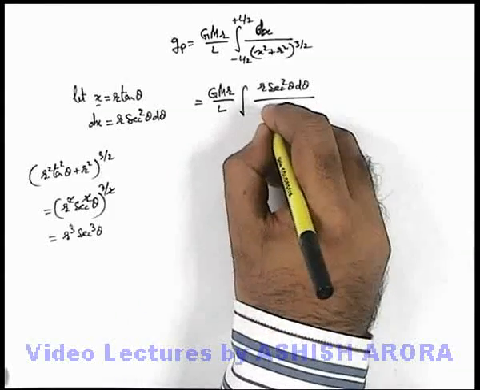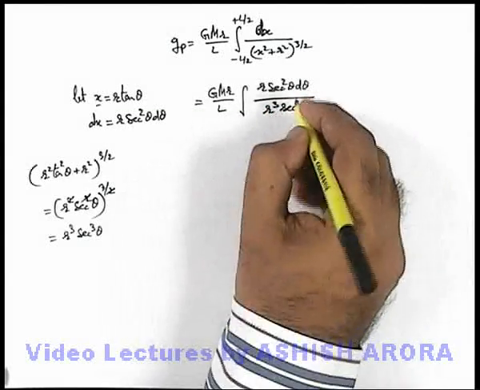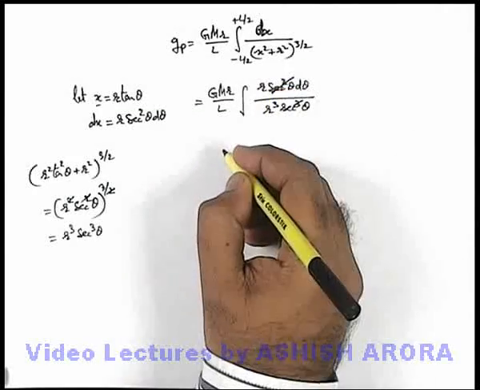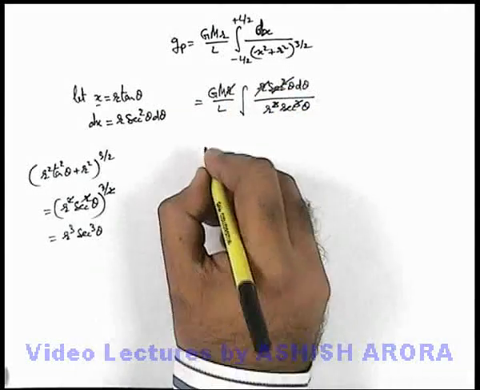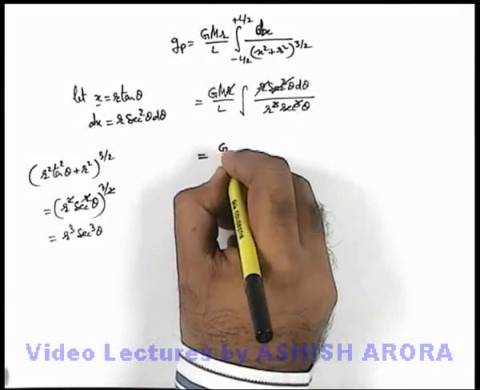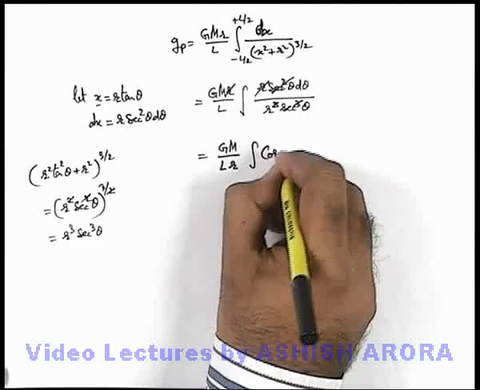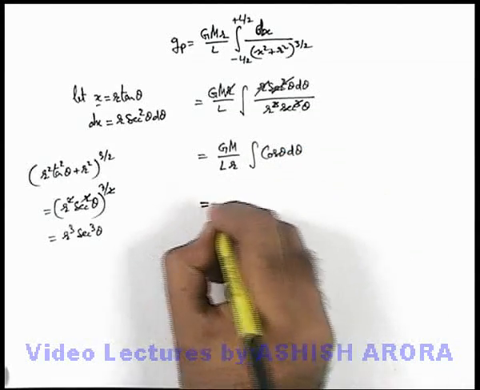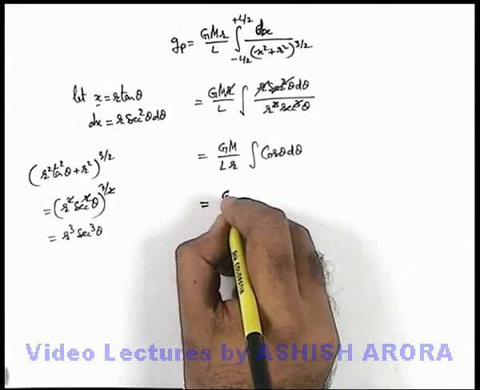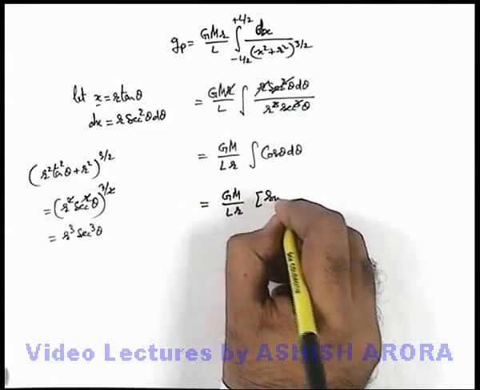If we substitute it here, the r square and r cube will cancel. So the final result here is G m by L r, integration of cos theta d theta. If we integrate cos theta, we get sin theta. So it is G m by L r times sin theta.